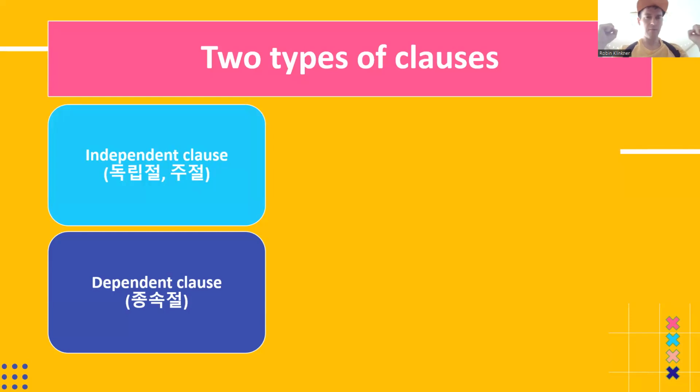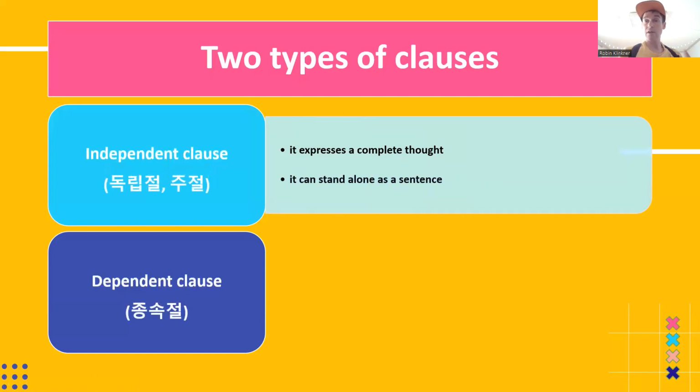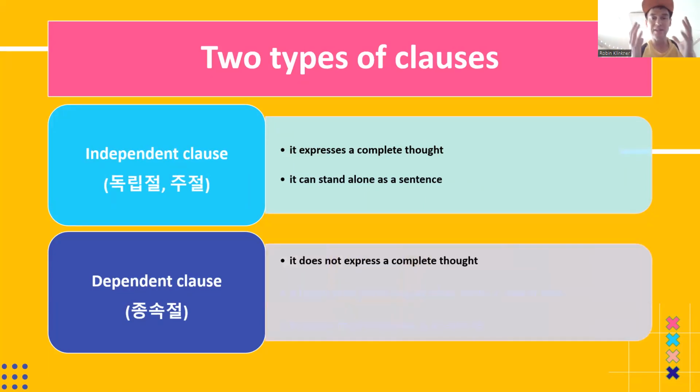It is on its own. It is free. A dependent means it depends. It relies on something. So an independent clause expresses a complete thought. It can be a sentence. On the other hand, a dependent clause does not express a complete thought. It is not a complete thought.